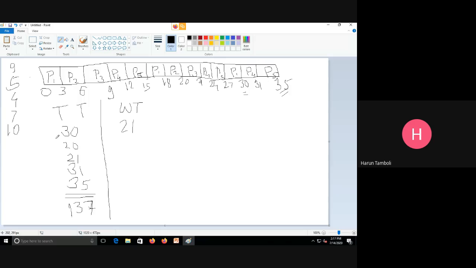Again, 20 minus 5, so it is 15. 21 minus 4, it is 17. 31 minus 7, 24. And 35 minus 10, it is 25. So the total waiting time, I think it is 102.